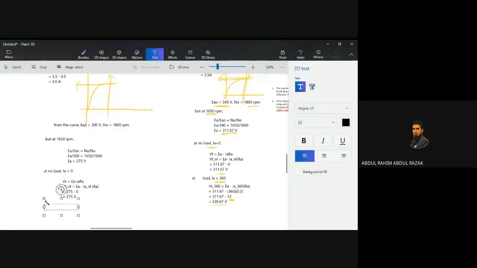Then when we apply load, at IA equal to 360 ampere, this Vt equation applies also. And we shall have Vt at 360 equal to EA minus IA of 360 times RA.